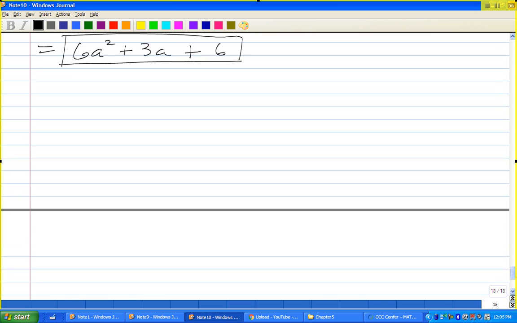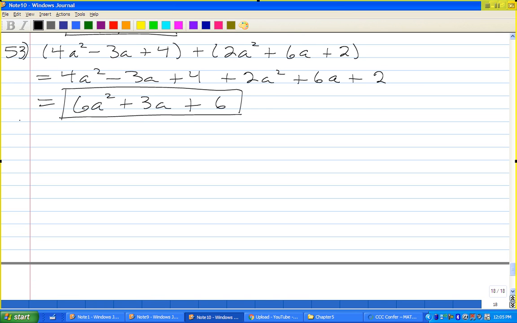55. Minus 6p squared plus 7p plus 2 plus 5p squared plus 3p minus 1.